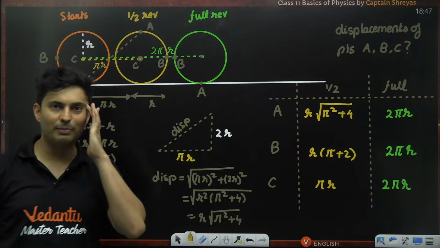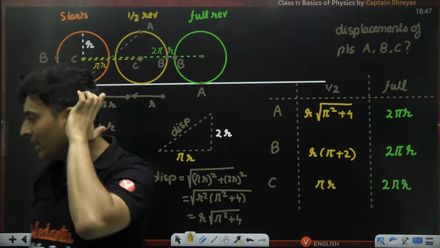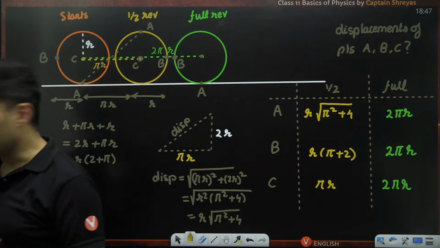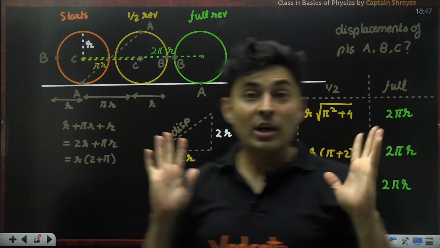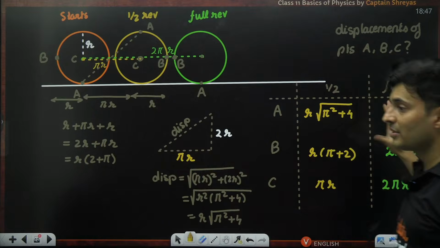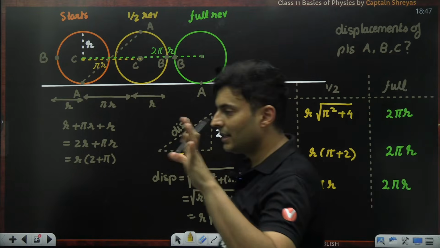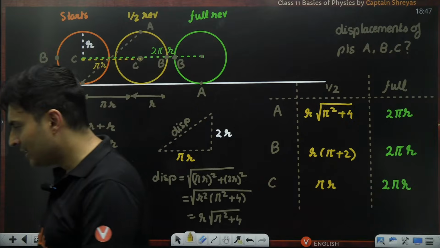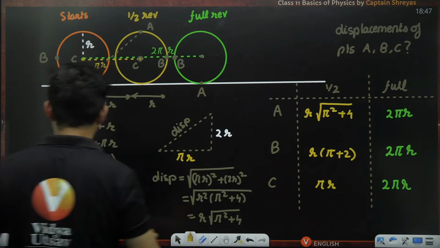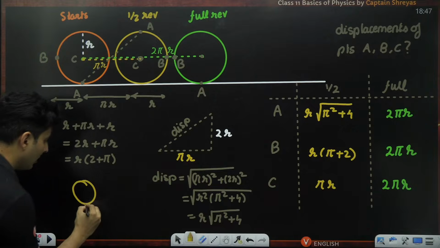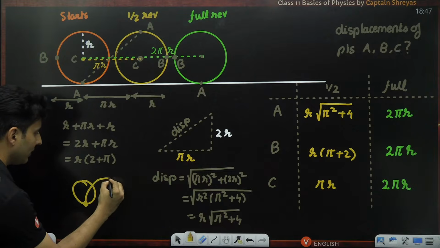Root will come because of the Pythagoras theorem. A lot of people make that mistake. Got it? Everybody? Isn't it a brilliant question on the displacement part? So if you notice what has happened, when the wheel rotates, that point A will go on the top.